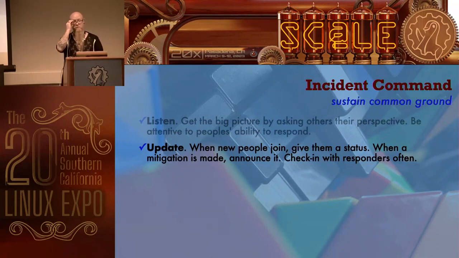When you hear new things, when you get a new status, when someone says we finished a mitigation or we're going to start another one, update the other people. If you have people joining the incident anew, maybe you had to replace someone, maybe you had to escalate and bring someone in, maybe the incident is getting more and more severe and more and more teams are joining the incident channel, update those people.